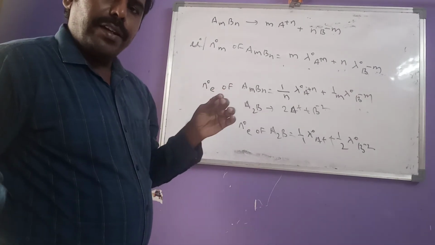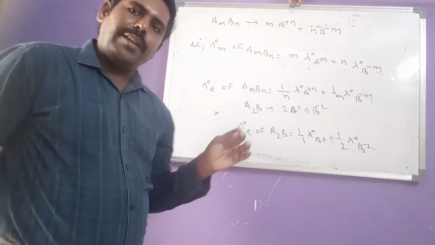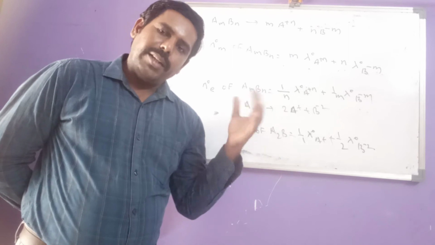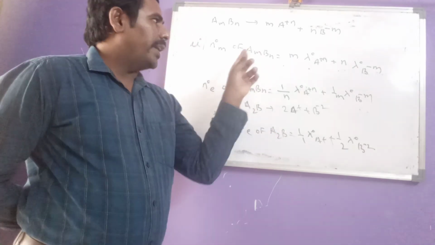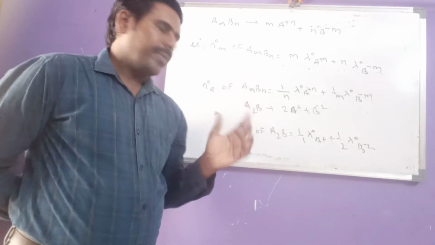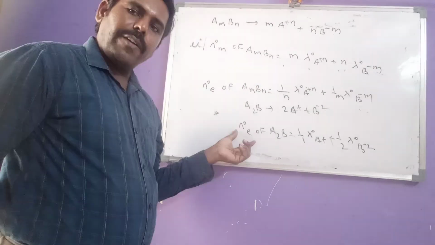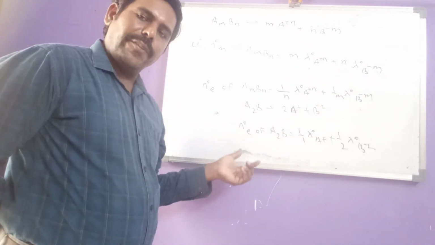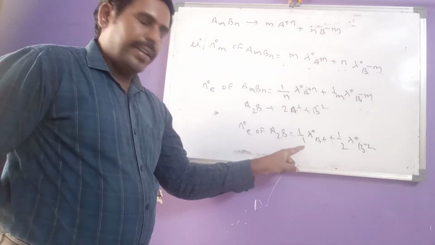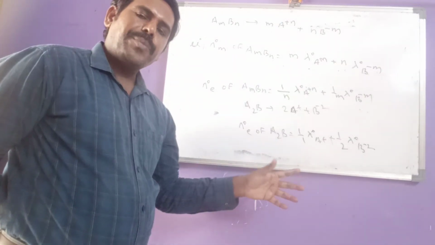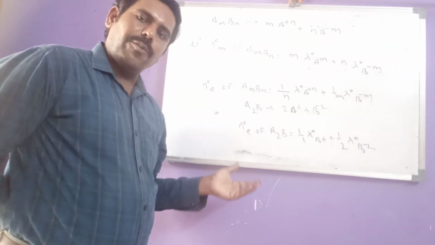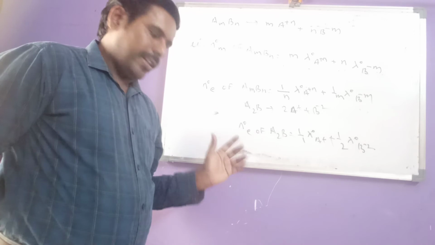That means if individual ionic conductivity is multiplied with its number present in that electrolyte, we get molar conductivity at infinite dilution. If we want to determine equivalent conductivity at infinite dilution, individual conductivities should be divided with their valency. Then we can get equivalent conductance of any one ion or any one electrolyte.